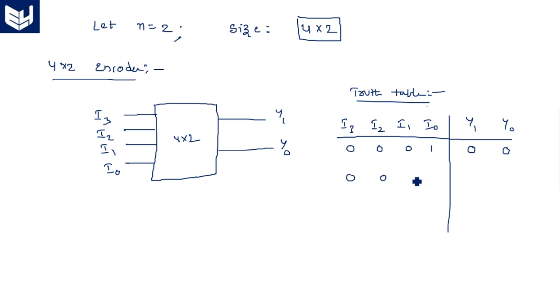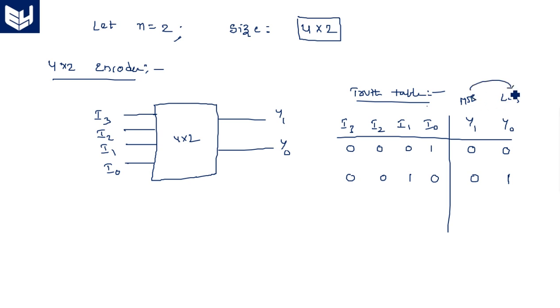Now 0 0 1 0. Which pin is activated now? The first pin. What is the binary equivalent of 1? It is 0 1. If you consider Y0 Y1 instead, there is a problem in the representation, so always consider MSB to LSB.